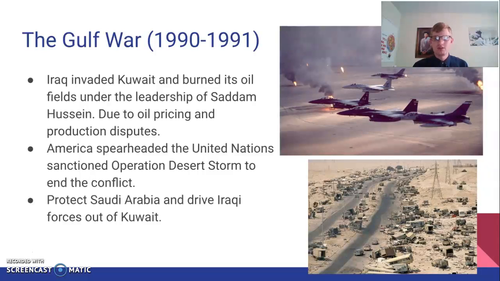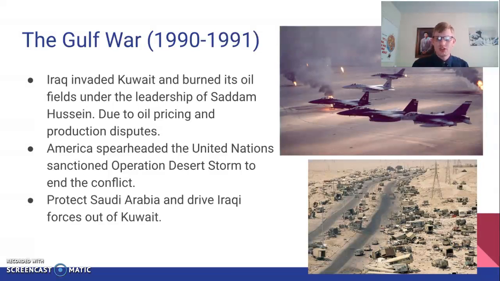And then this, of course, would be later accompanied by Operation Desert Shield, which would be a more ground-centered part of the conflict. But the United States and the United Nations coalition worked to protect Saudi Arabia from an invasion from Iraq, as well as to drive out those Iraqi forces from Kuwait and preserve Kuwait as a sovereign nation. This, of course, worked.